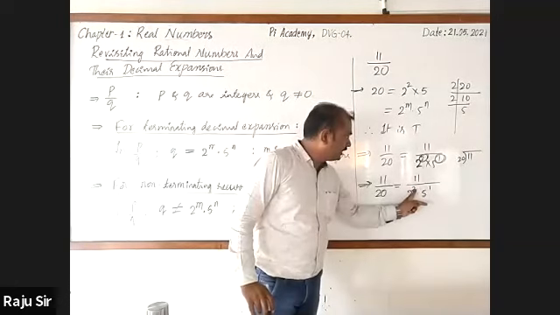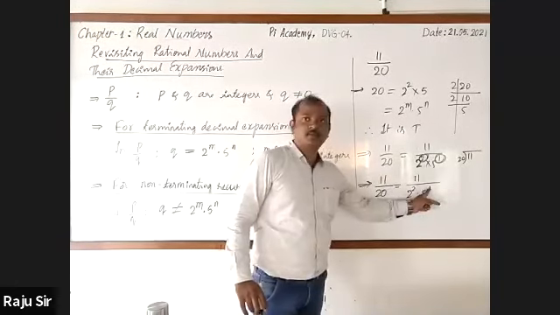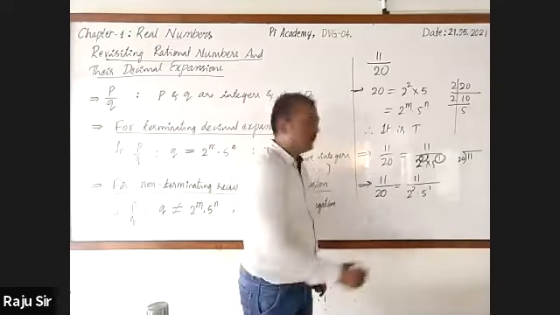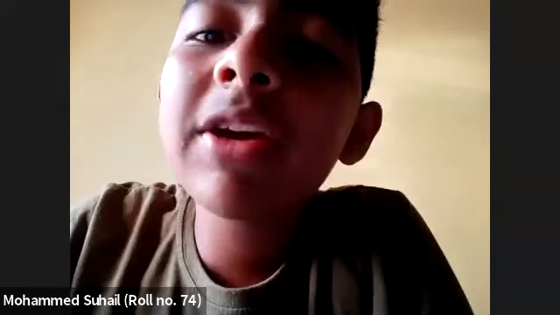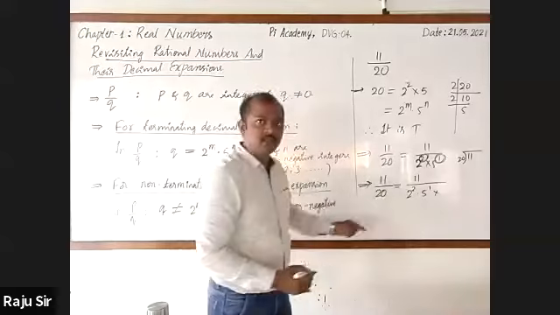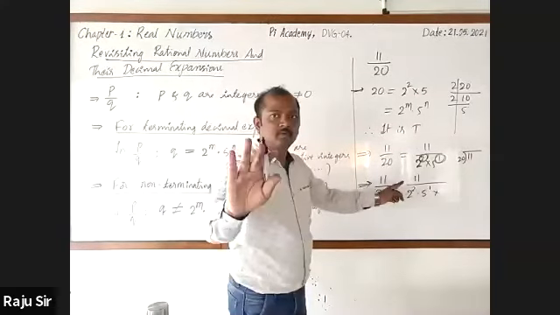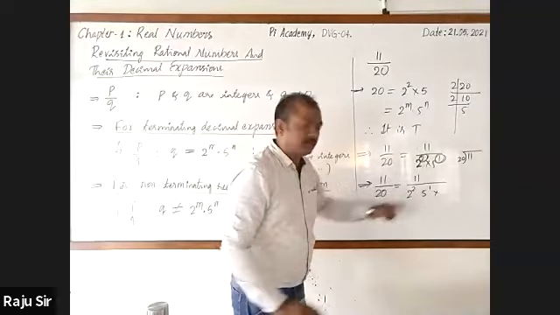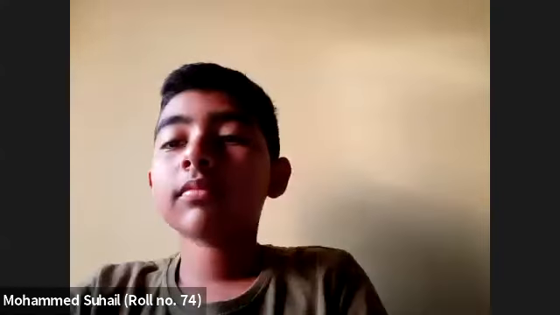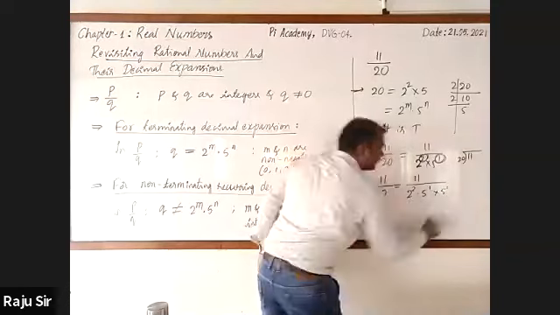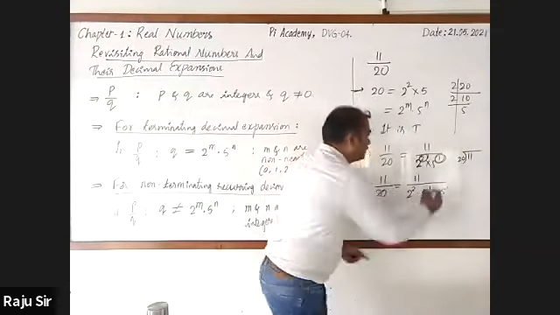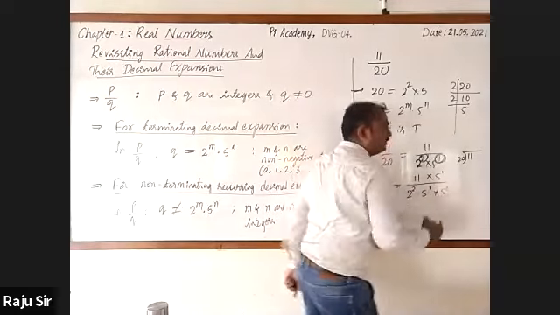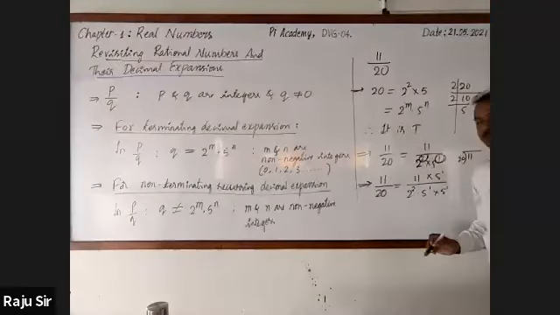We have to equalize powers. What should be done? Multiply the numerator and denominator by 5, sir. Yes. Whatever number is taken in the denominator, the same number should be taken in the numerator also.